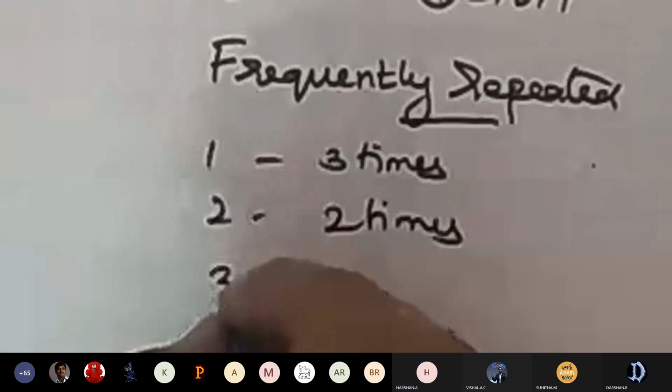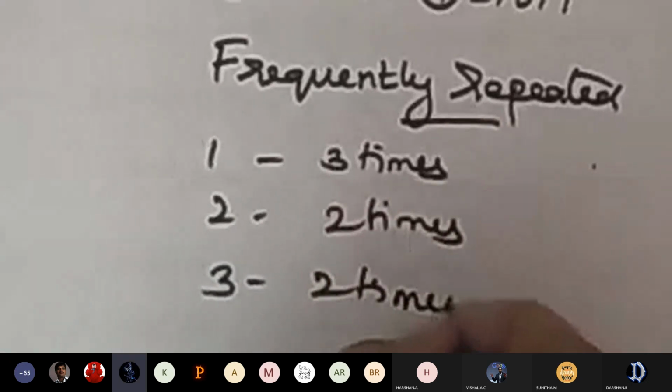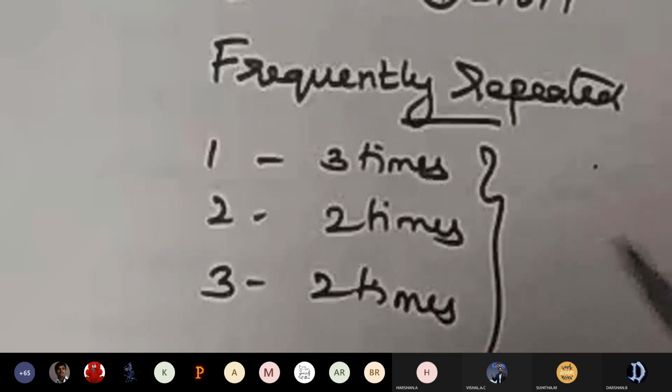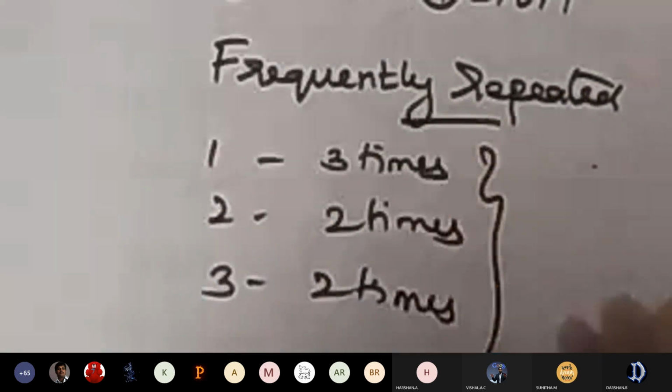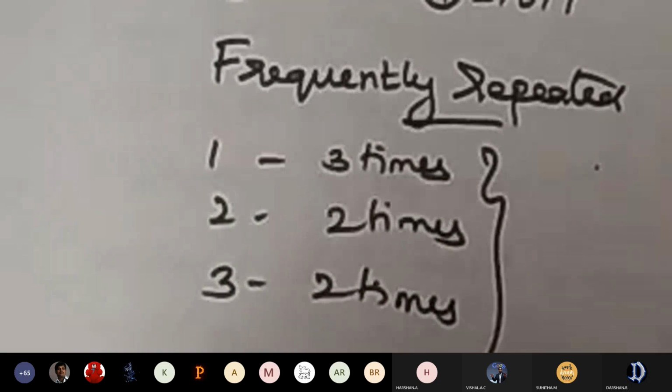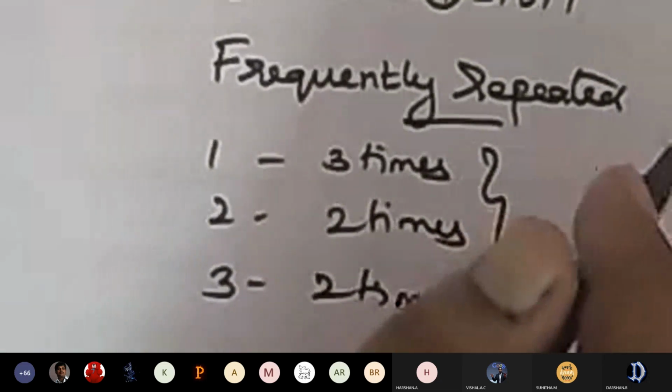Any other number repeated? 3 also 2 times. Only these numbers, right? Now tell me, the remaining numbers are not repeated, they occurred only once. So which is most frequently occurred?